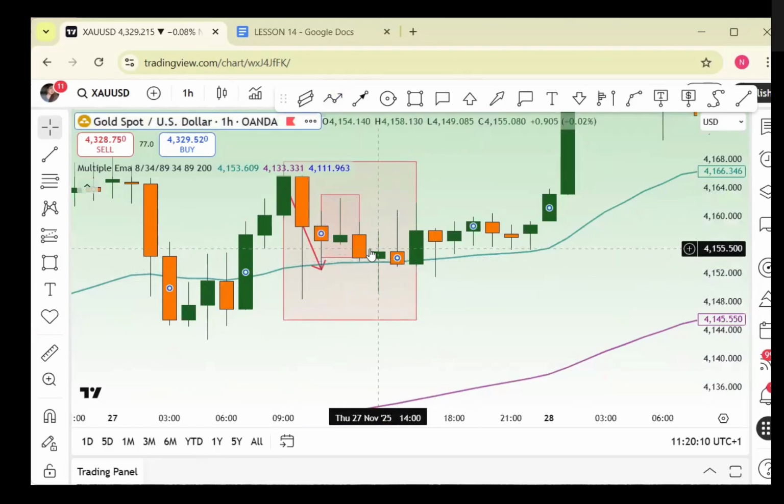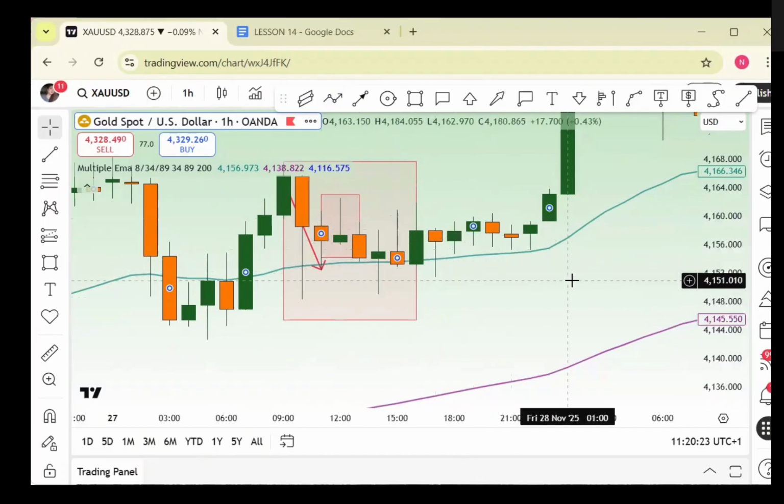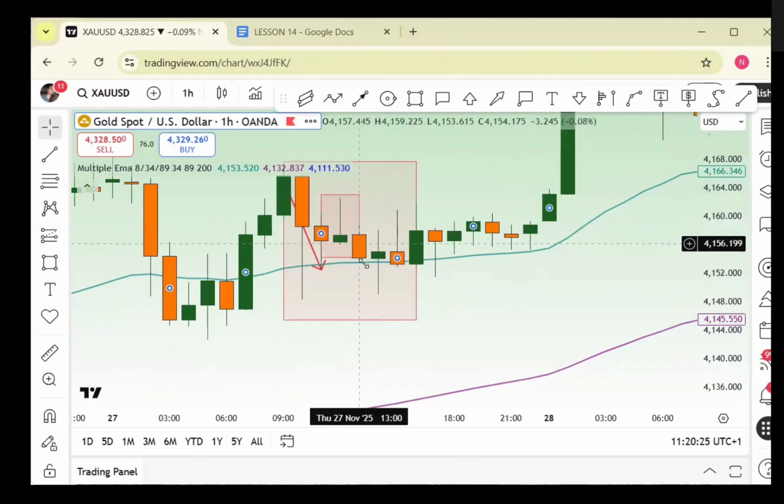However, the next candle was a bearish one. So this is a false hammer pattern. And you can see that it's dropping down to 48, right?